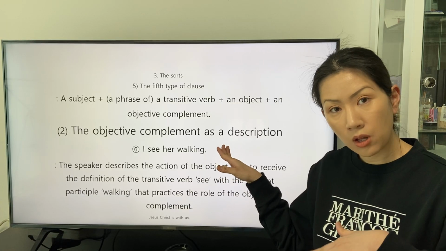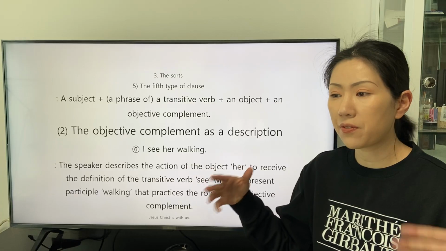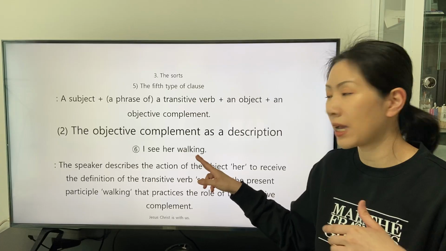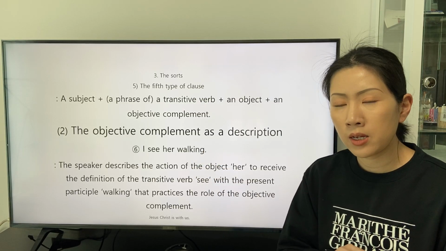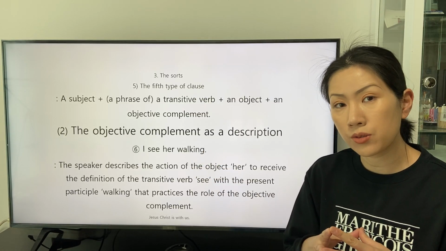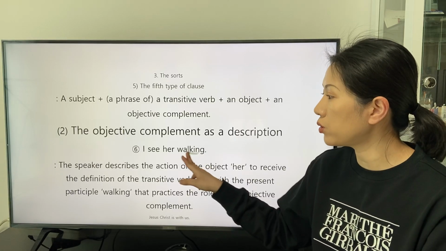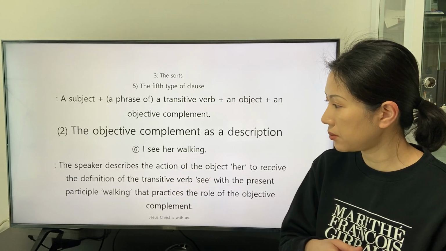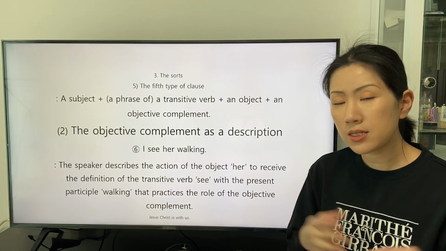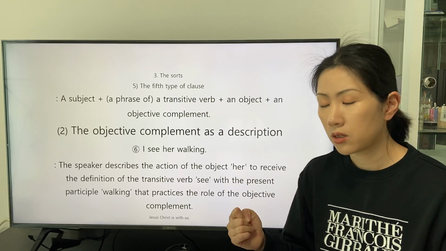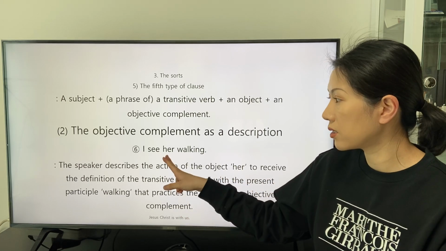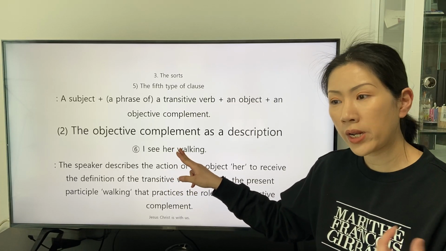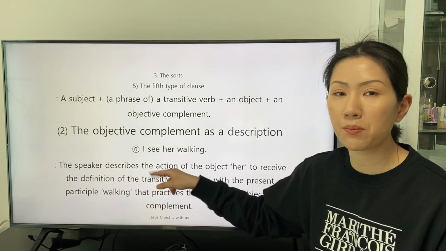In this clause, the form of the word, the intransitive verb walk, and the suffix ing has the trait as an adjective to describe the action of the object, her. This is very good for being the object and the description for the object when it comes to the definition of the transitive verb see.